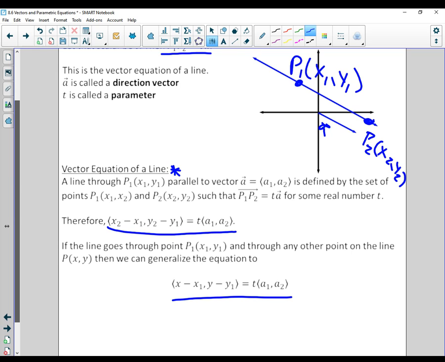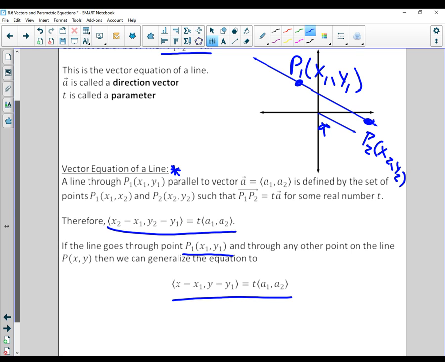Now, a lot of the times, especially in your homework, if the line goes through a point P1, X1, Y1, it won't necessarily give you a P2 because we want to focus on what the actual equation of the line is. Because when you're graphing a normal line, you're not asked to just give me 2 points on a line, right?